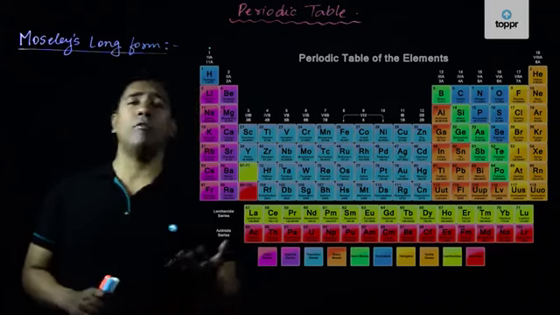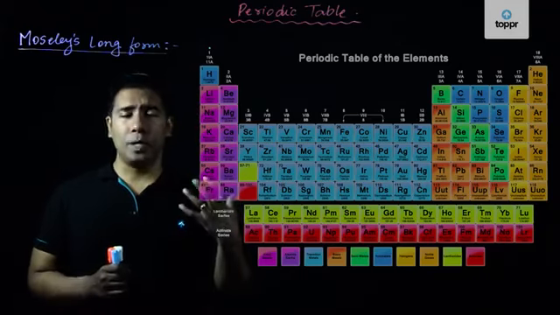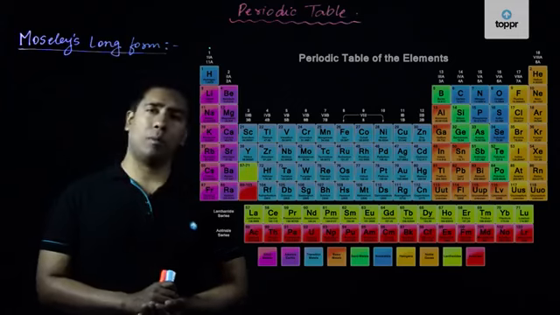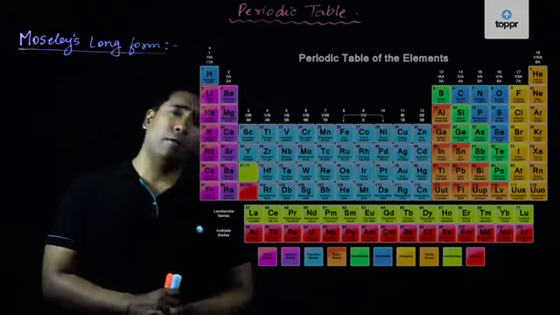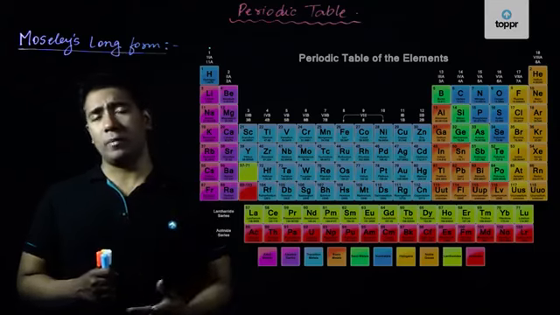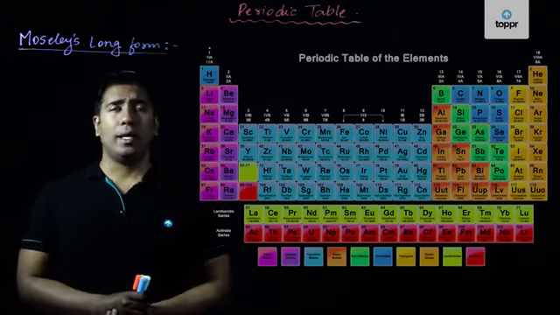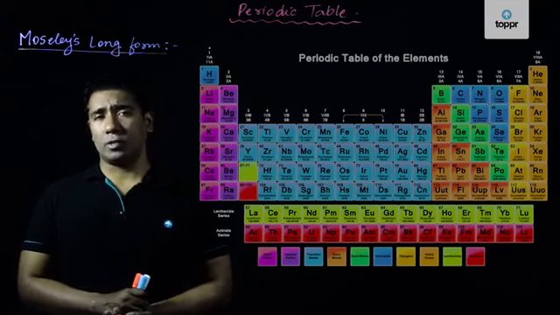However, there was a lot of basic fundamental work by other scientists, because of which Moseley could give his modern periodic law. The work done by other scientists was in terms of discovering a lot of elements which were not known during Mendeleev's time, in the earlier part of the 20th century.